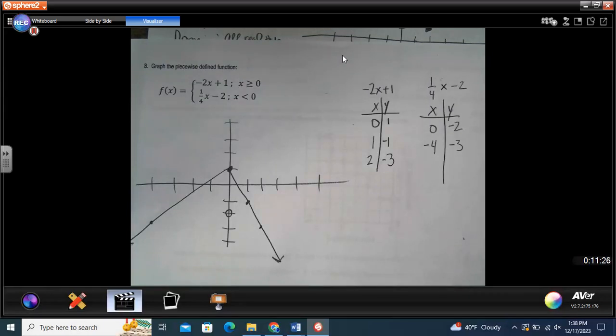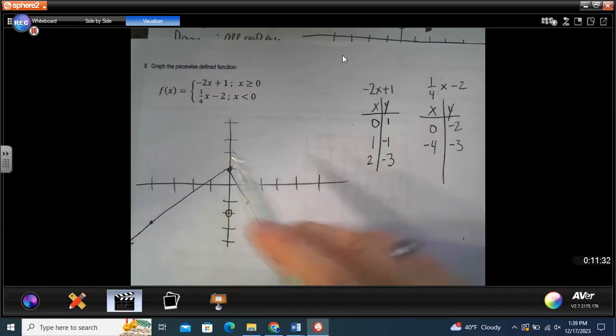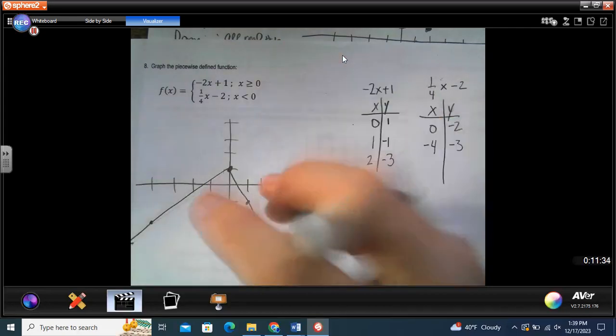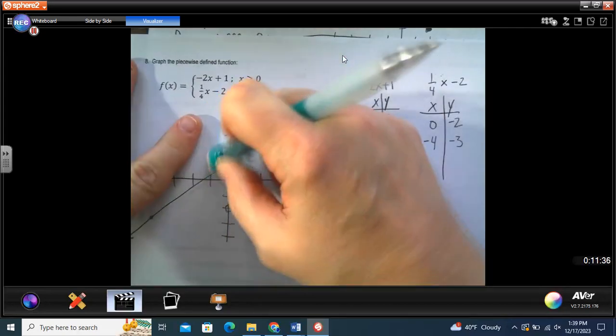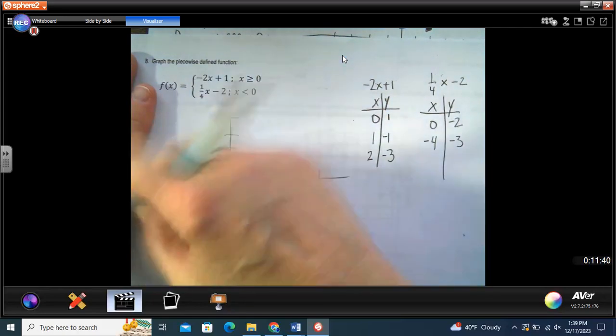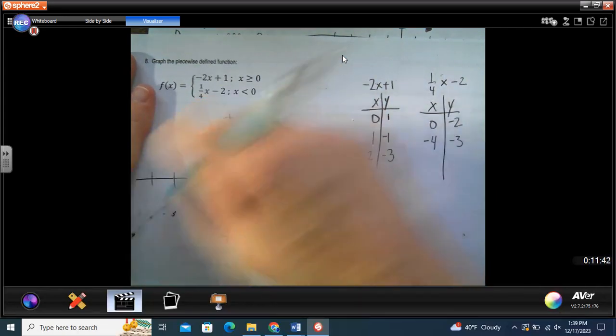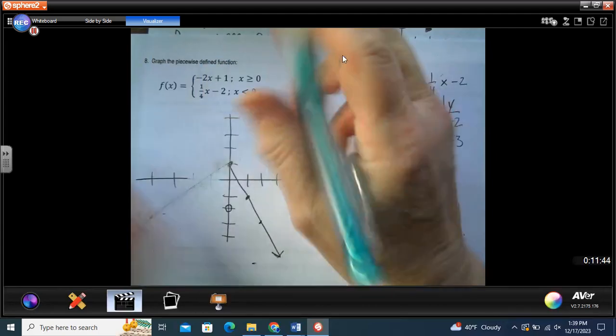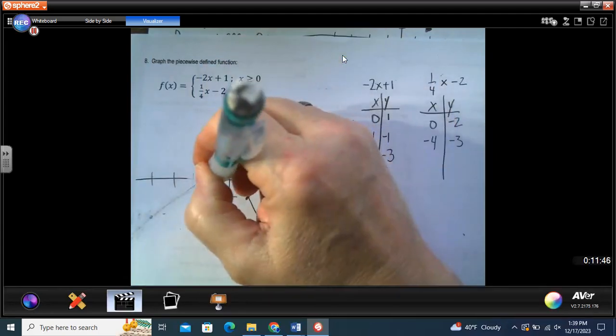Just to double check, the left side of the graph is supposed to have a positive slope, and it does. The right side of the graph is supposed to have, and I drew that wrong, didn't I? Oopsie. Big oopsie.